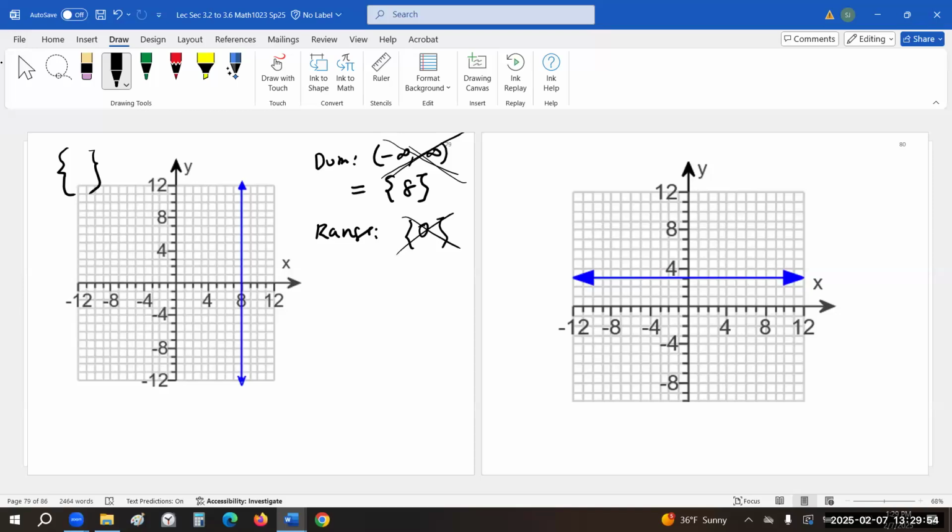Yeah. So we do have a y value at every point of the line. Similarly, we do have a y value at every point going upward. We did not use any x values besides 8, but we do have all the y values in our graph. So our range is negative infinity to positive infinity.